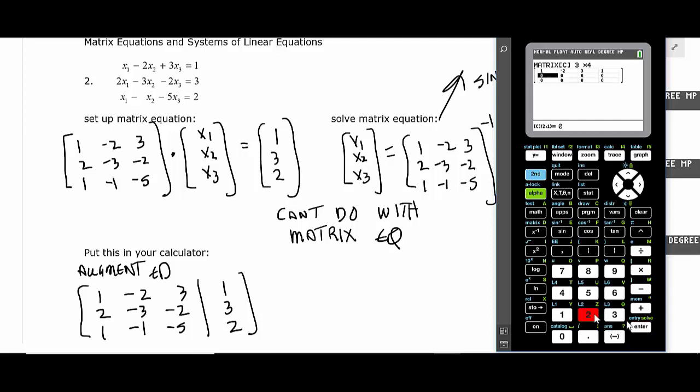Second row is 2, negative 3, negative 2, 3. Okay, and then the last row is 1, negative 1, negative 5 and 2. So you want to get that matrix put in. That's your augmented matrix.